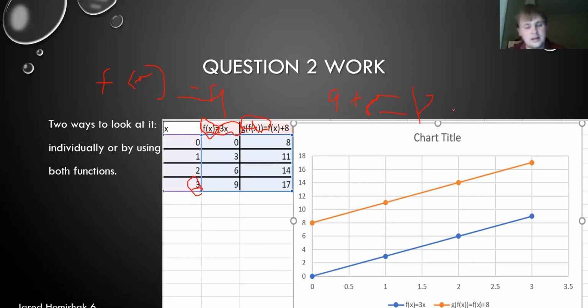That's how you would solve this algebraically and how I prefer to do it. But this method here where you just plug in f of x and 8, that works as well. You do whatever makes you comfortable. I'm flexible.